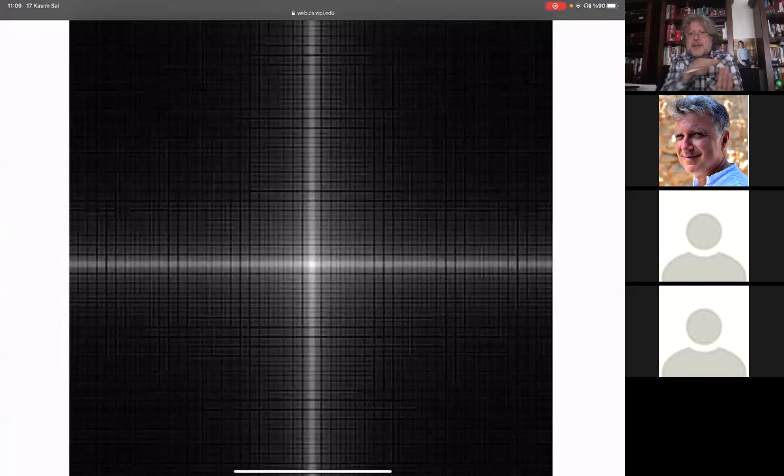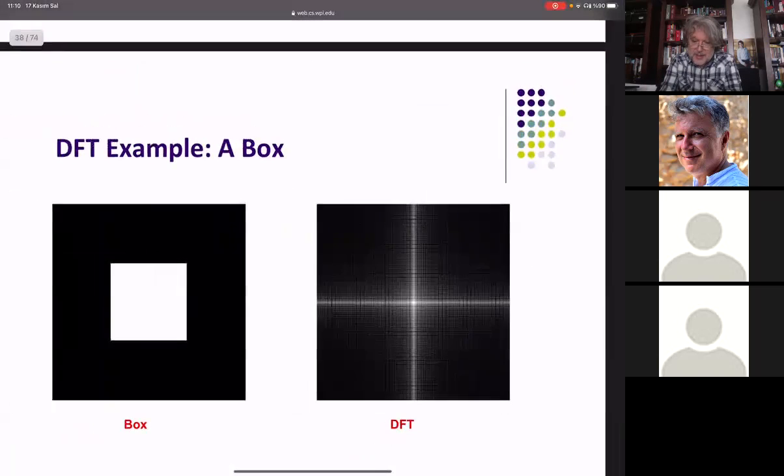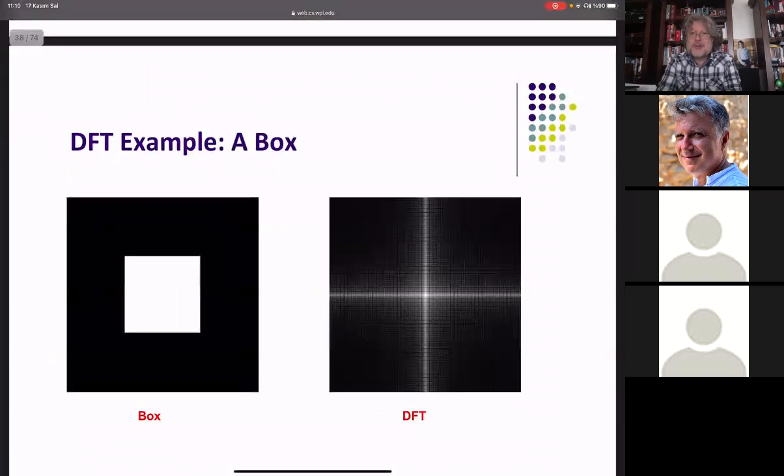The box has a rectangular shape profile, so those rectangular shapes will have a Fourier transform corresponding to a sinc, which is reducing in magnitude towards the tail with oscillations. Every time it makes an oscillation, a zero crossing, you encounter that dark grid position, horizontally and vertically. So this is how the DFT of a box would look.